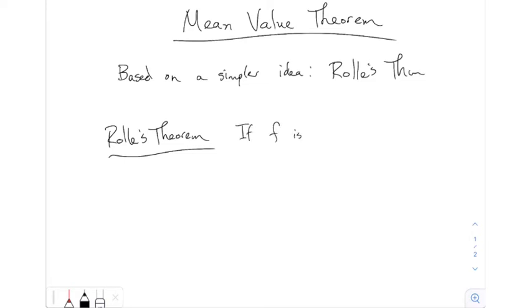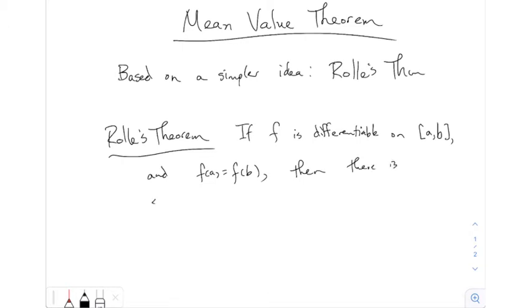If f is differentiable on a closed interval a to b, say, and f of a equals f of b. So the function actually has the same y value at the two endpoints of the interval. Then there is some point in the middle, c, in the open interval a to b.